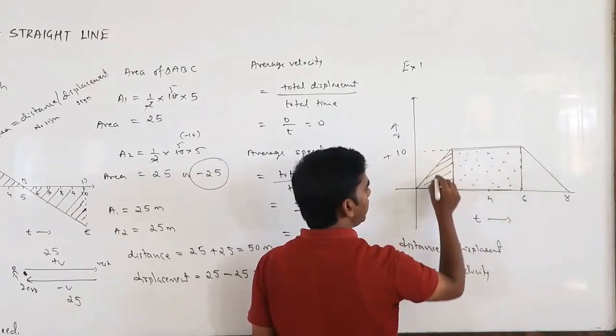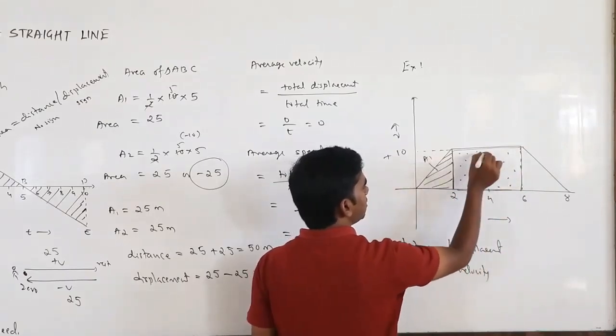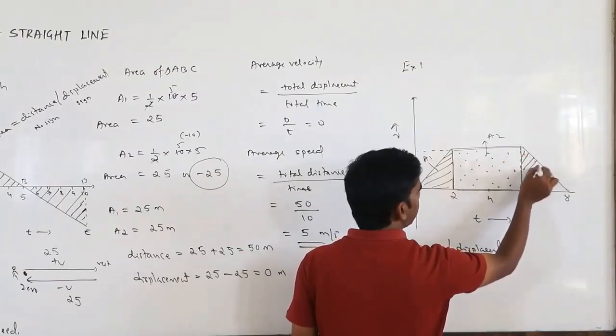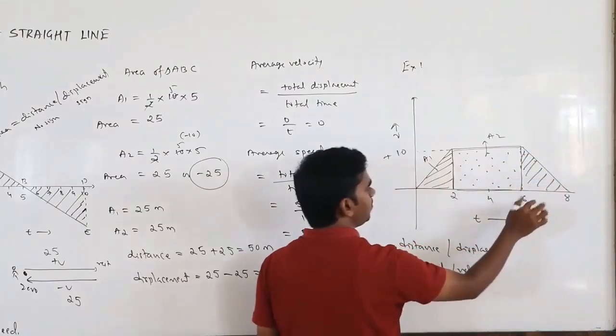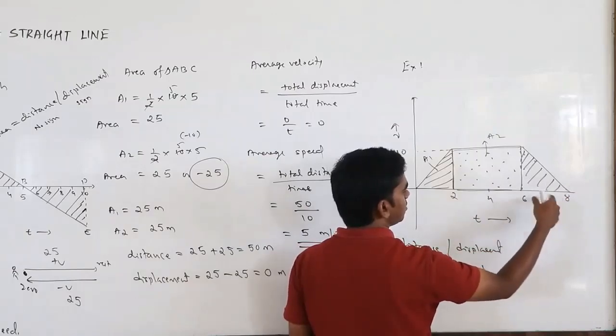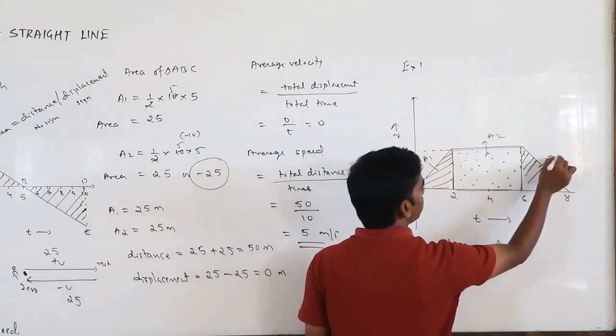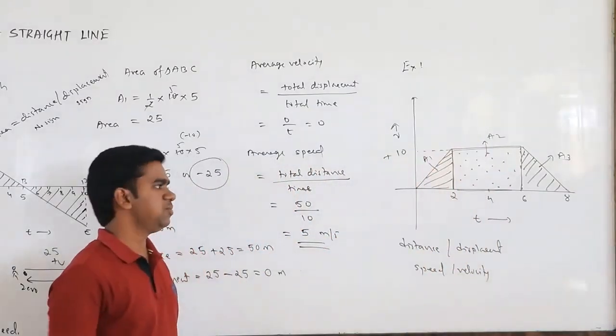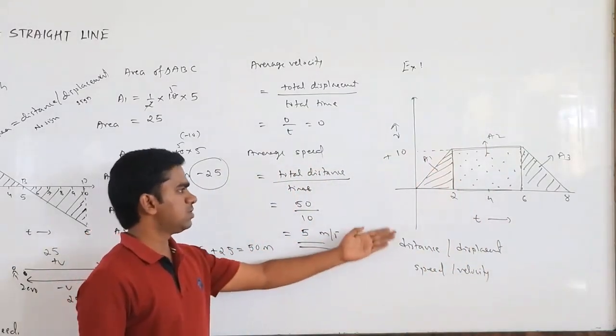This is A1, this is A2. Again this is one more, half into 10 into 8 minus 6, so 2. This is your A3. A1 plus A2 plus A3 gives you the distance or displacement.